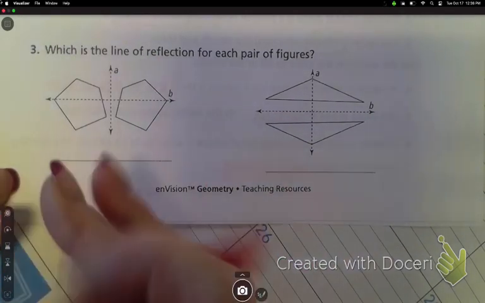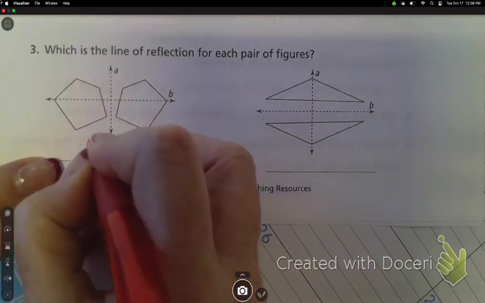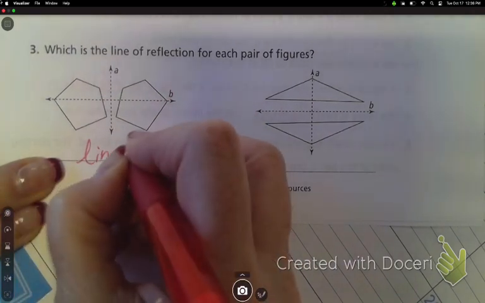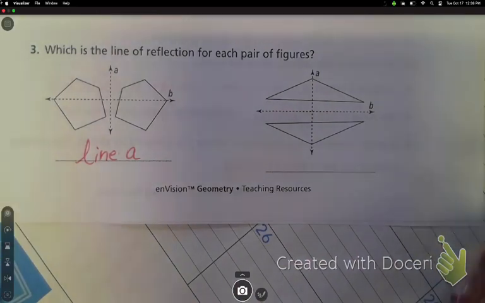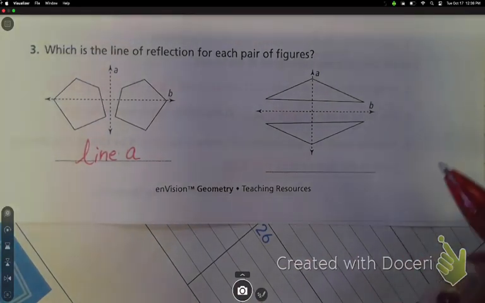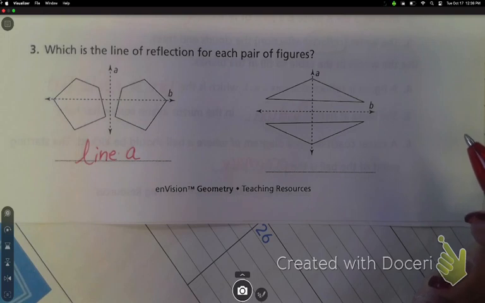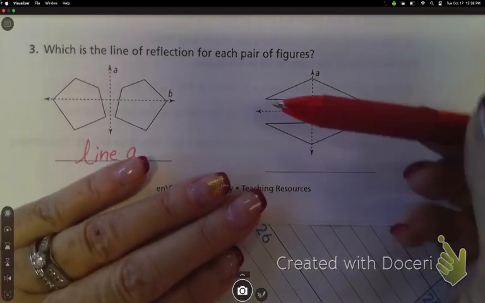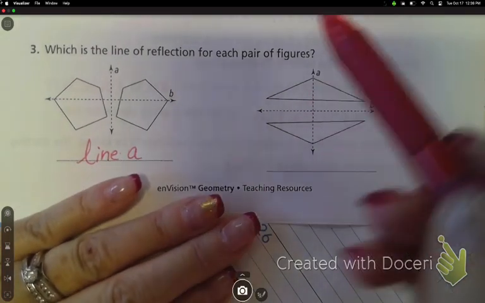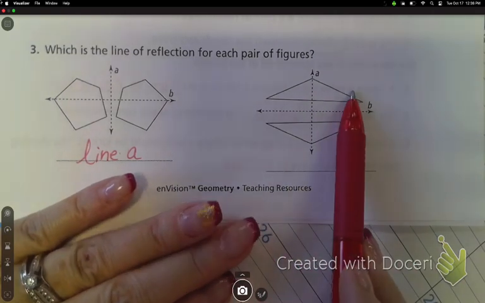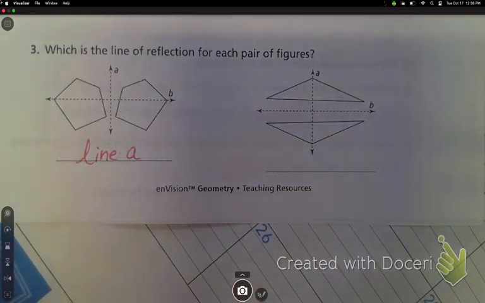Okay, so it's line A. And then line B since the shape is reflected. Well, line B reflects the whole shape. Does line A reflect the shape onto itself? I understand that. Is it the same on both sides?